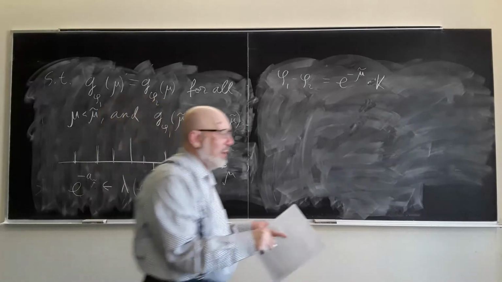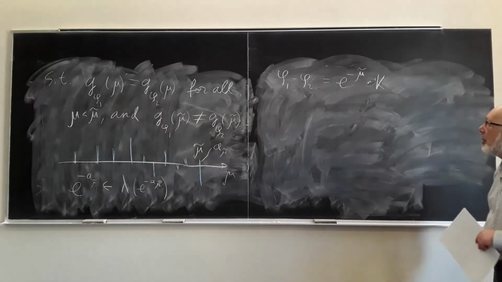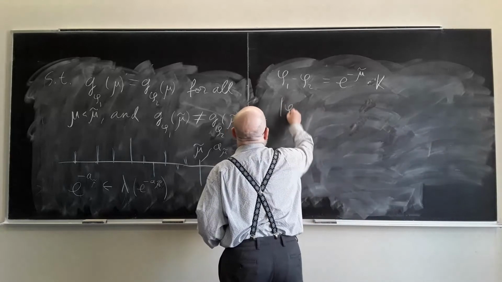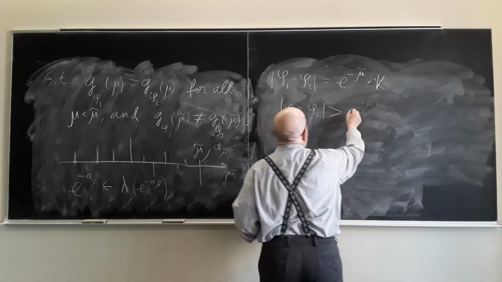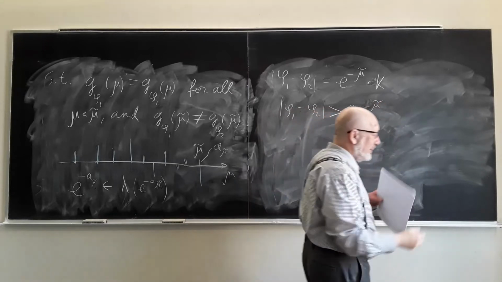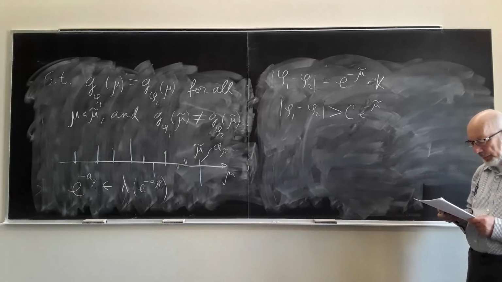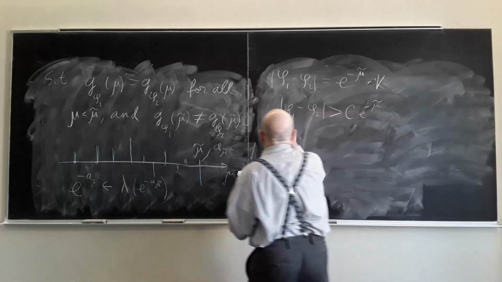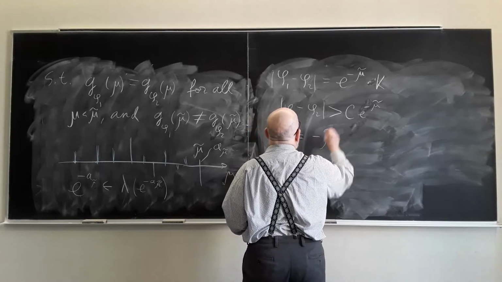So this difference of spectra gives us the estimate from below: phi1 minus phi2 is more than c e to the minus mu tilde. And then phi equals minus mu tilde.